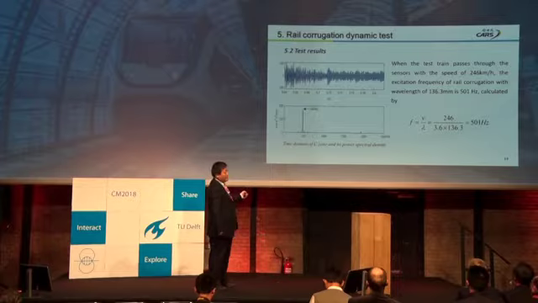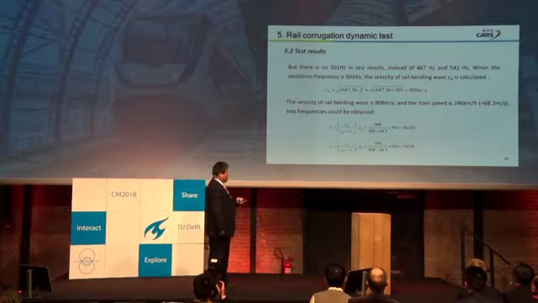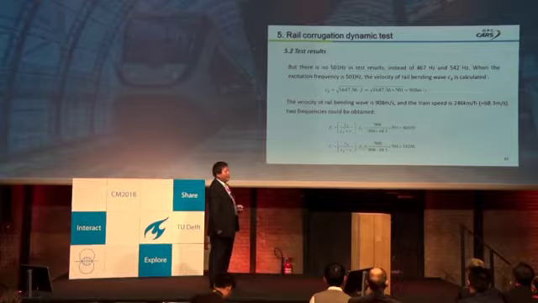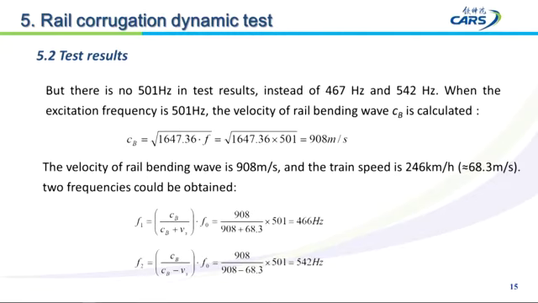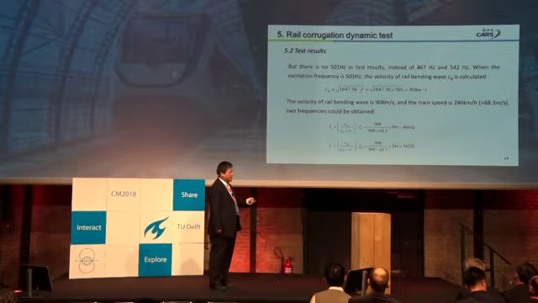But in the test result there are two obvious frequencies instead. So we also consider the Doppler effect and the rail bending wave velocity, and we can calculate the frequencies. We obtain F1 and F2, which are the same as the test results.